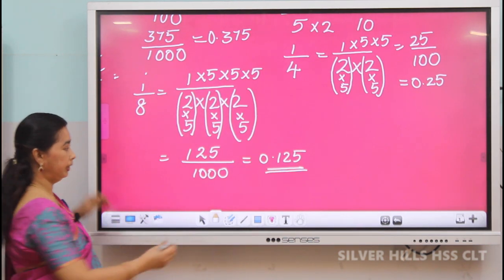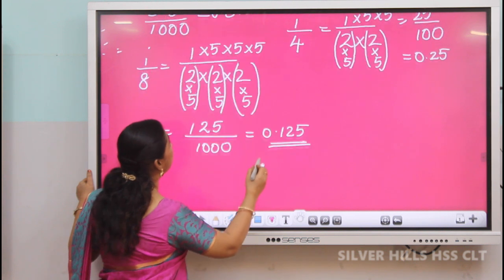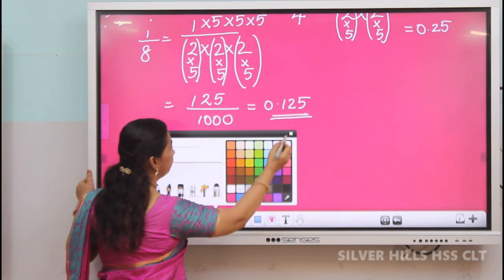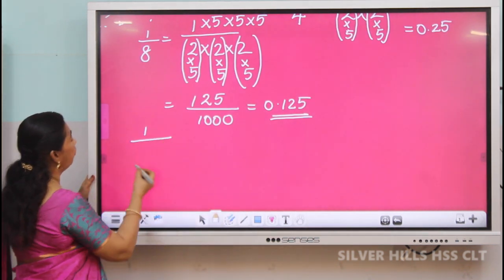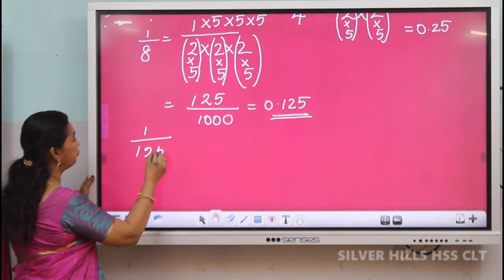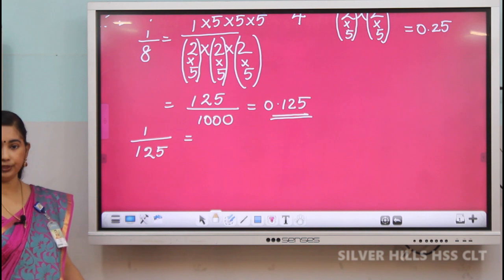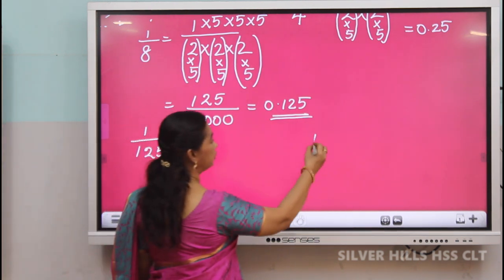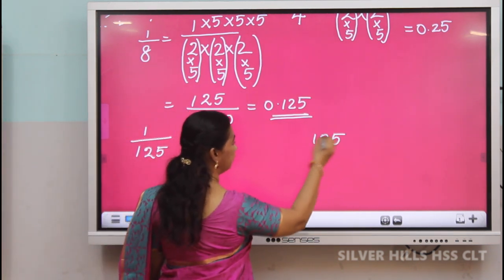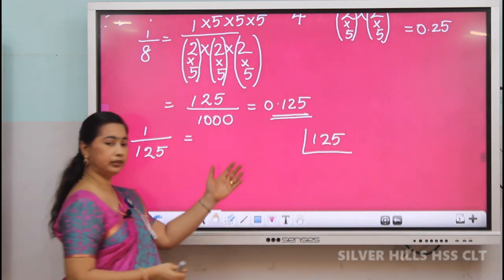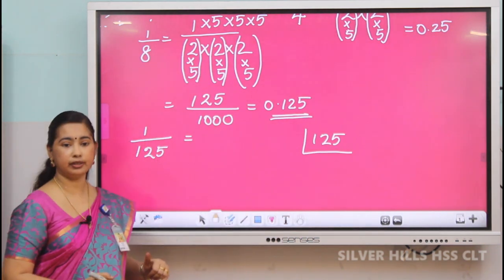Similarly, some other example we will take. Let it be 1 by 125. What is this 125? We have to factorize it. Since you don't know the factors of 125, we can factorize it first.